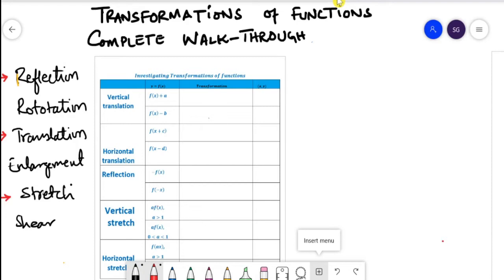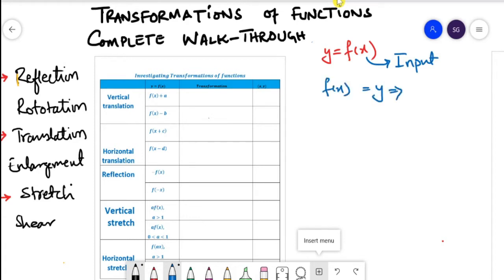Now, before we move on, let's take a close look at the function y is equal to f of x. This x is called the input of the function, and the whole of f of x, which we also call y, is the output of the function. It's very important.